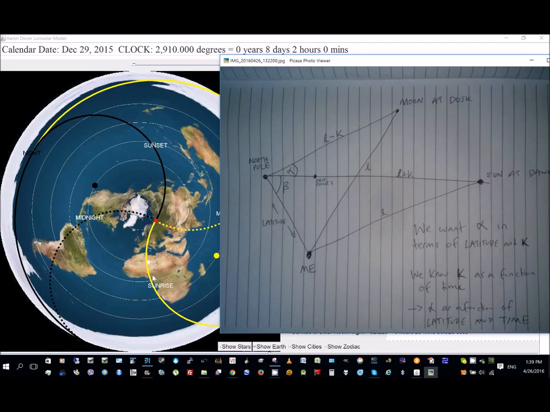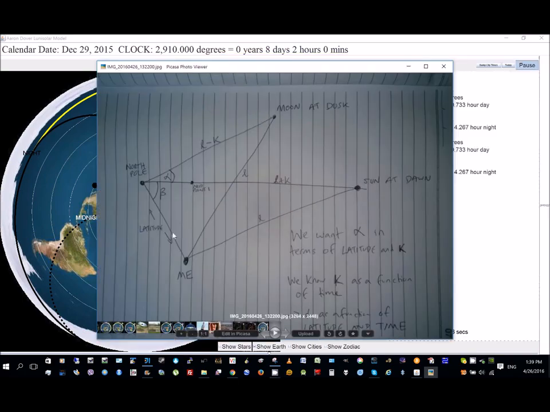I'm just using latitude as a distance, an angular distance you could call it, but it's the same as a planar distance in the flat Earth model. So the distance from here to the equator, for example, would be 90. The distance from here to me is this latitude length. So you can make this triangle, and because we know all 3 sides, we can calculate this angle beta. So that's one triangle.